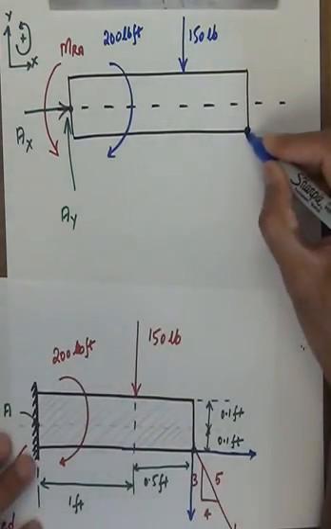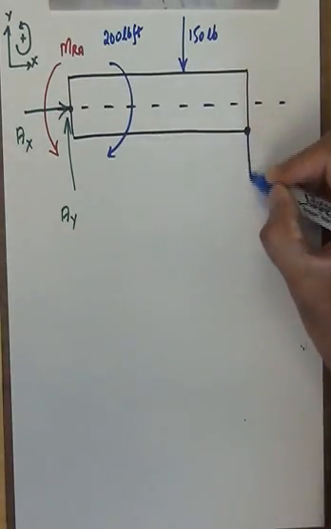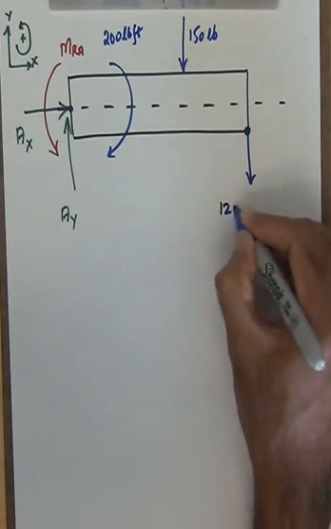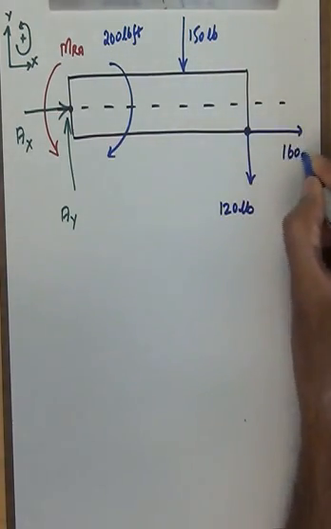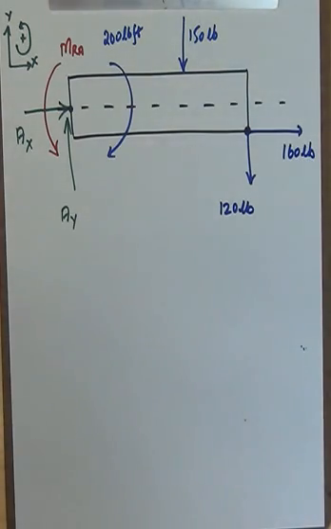Alright, so this is going to be the following. This is 120 pounds, and then this is going to be 160 pounds, and then I need to set up the dimensions for the problem. So here are the dimensions for the problem.